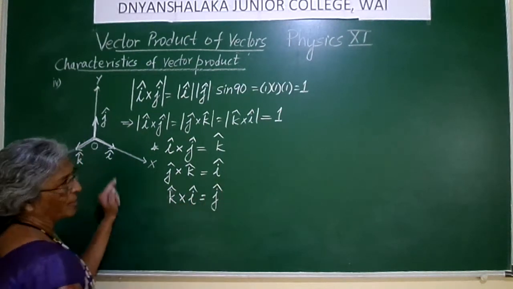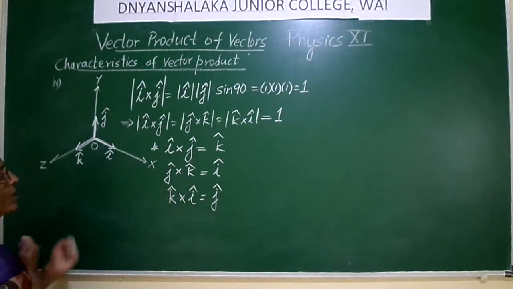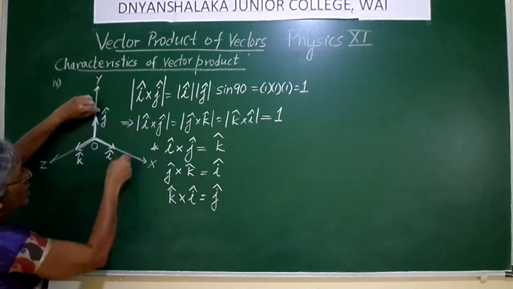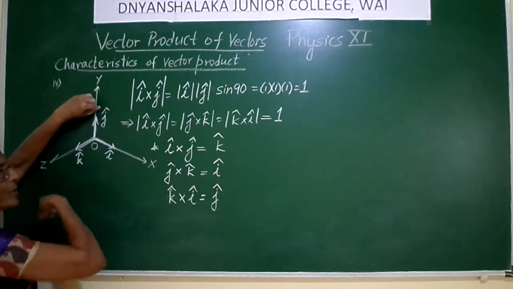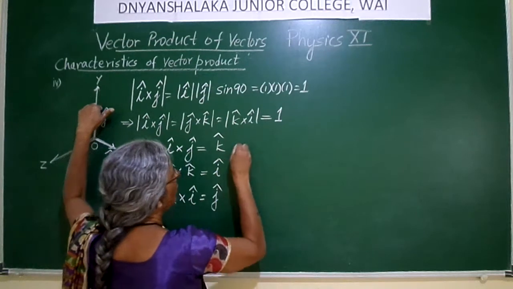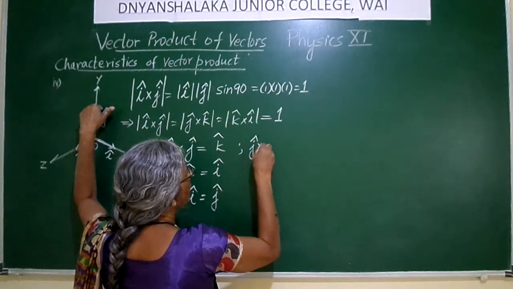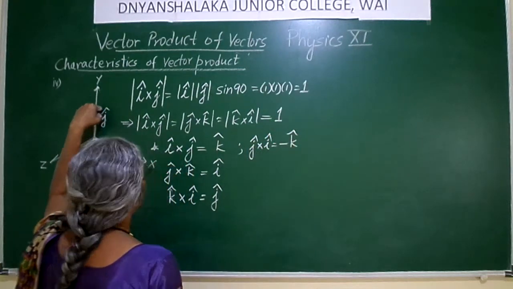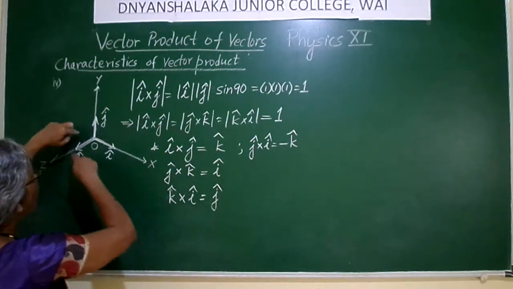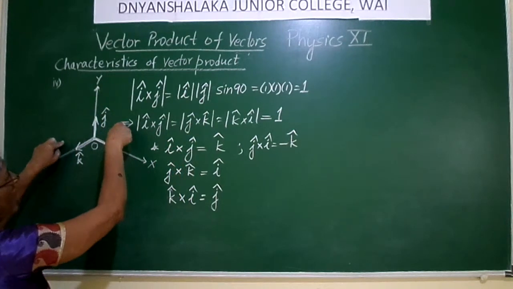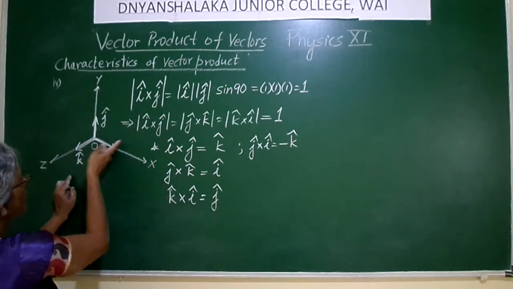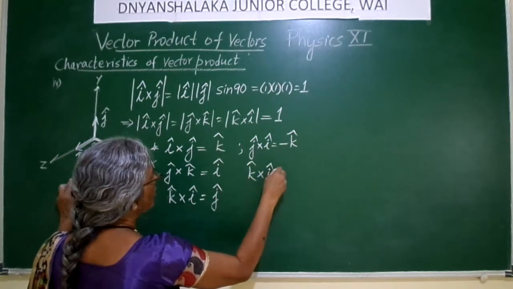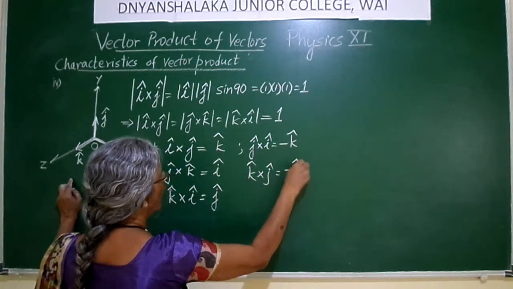If I go in the inverse order, if I do vector j cross vector i, then I am going to get negative vector k. Vector j cross vector i will give me negative of vector k. Vector k cross vector j: I am rotating in the opposite direction now, so it will give me negative vector i.